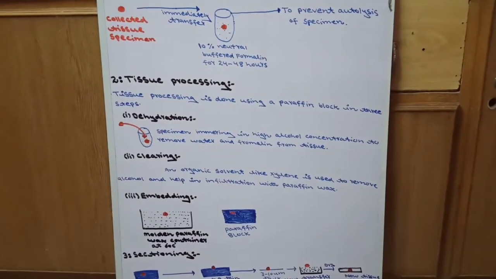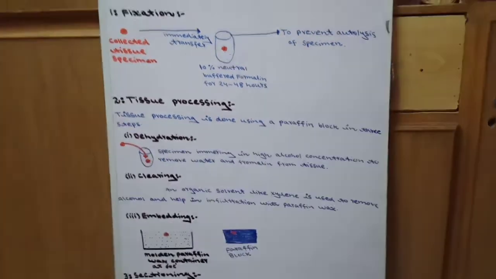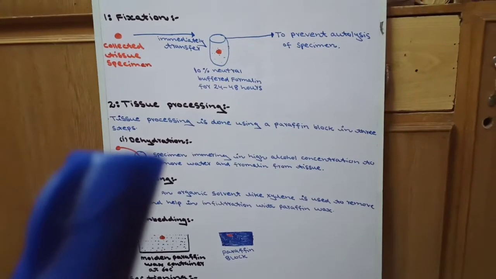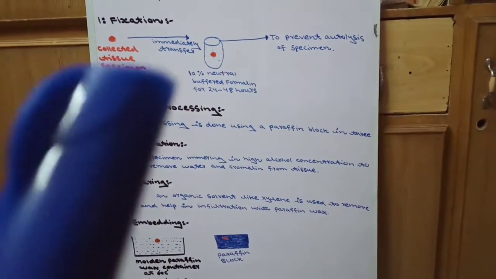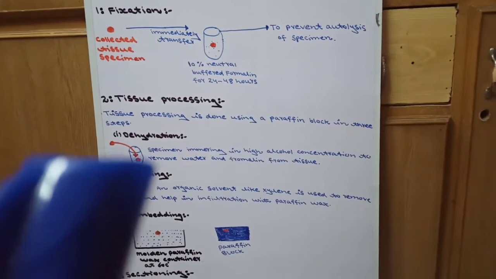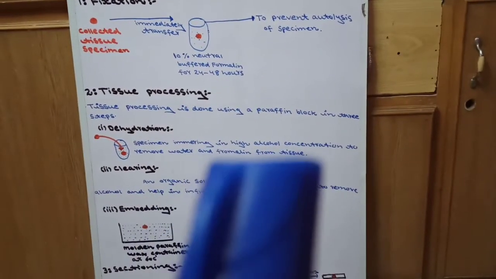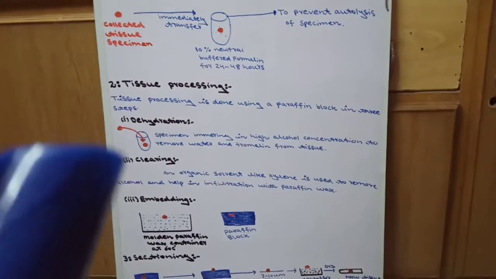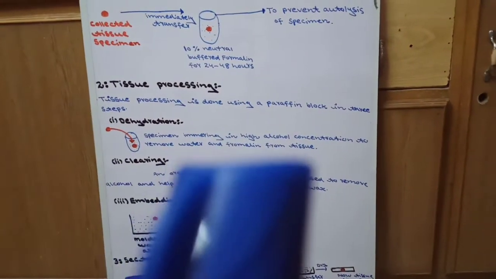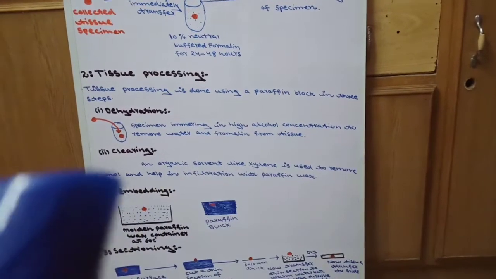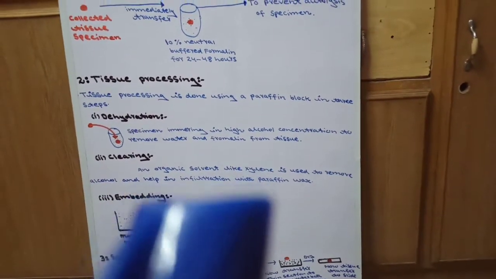Clearing means, like in the first step dehydration, we remove formalin from the tissue by using high concentration alcohol. Now in clearing, we remove the high concentration alcohol by using xylene.